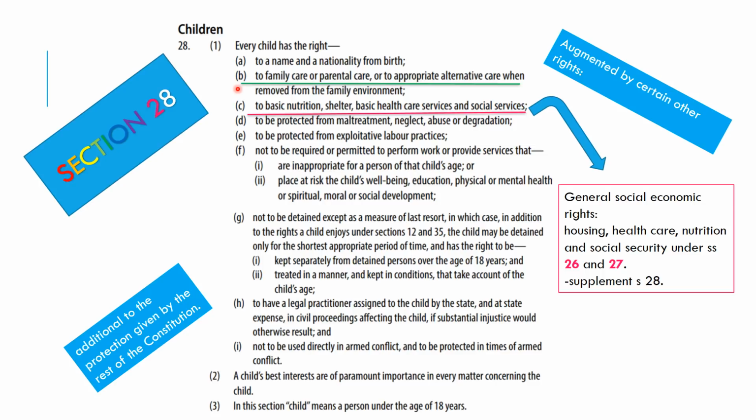And that is why we have something like a social grant system, where grants are given by the state to families of children in the case where they don't have enough money or the means to provide their children with Section 28C.